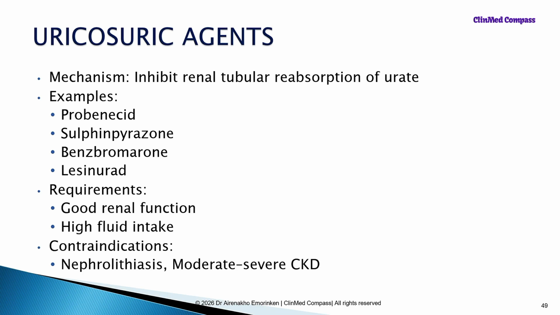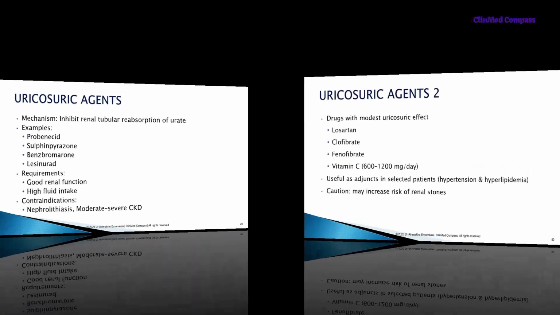Contraindications include moderate to severe chronic kidney disease and history of uric acid stones. These agents are particularly useful in under-excretors and can be combined with xanthine oxidase inhibitors for refractory cases. Always assess renal function before prescribing.